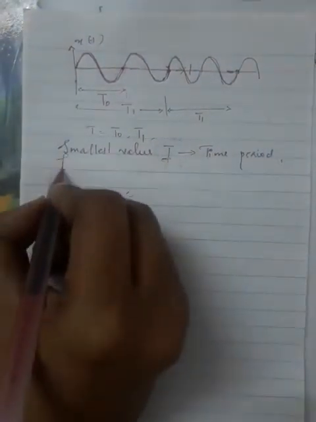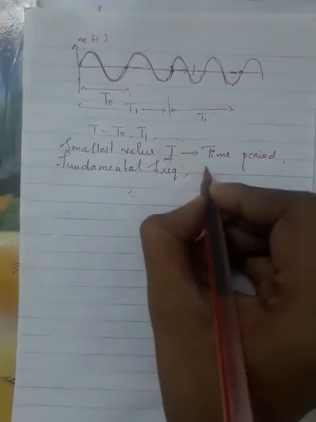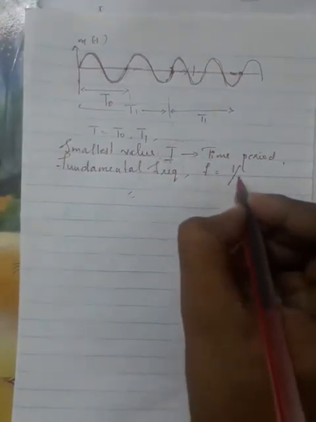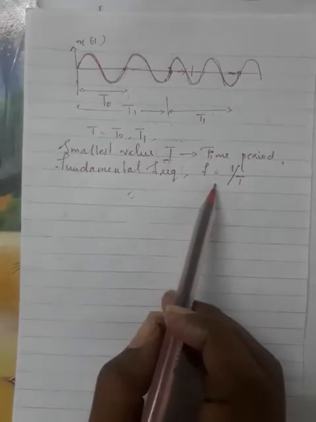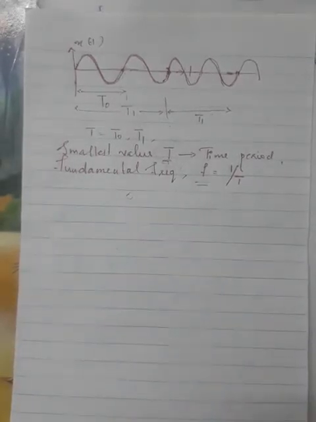Then we can find the fundamental frequency f, which can be found as 1 by t. നമുക്കല്ലെങ്കിൽ അറിയാം frequency is equal to 1 by time period. Then the fundamental frequency is f equal to 1 by t. So this is the equation for fundamental frequency of periodic signal x of t.